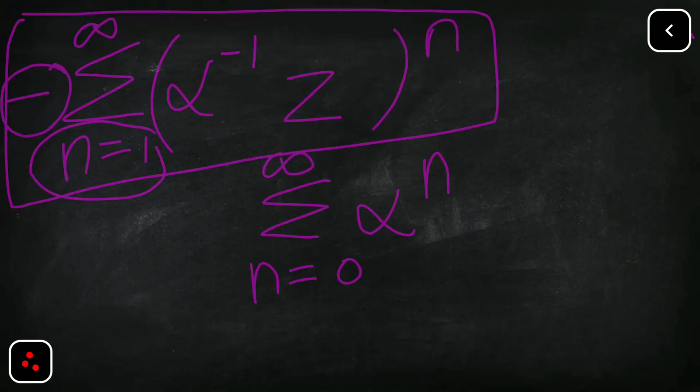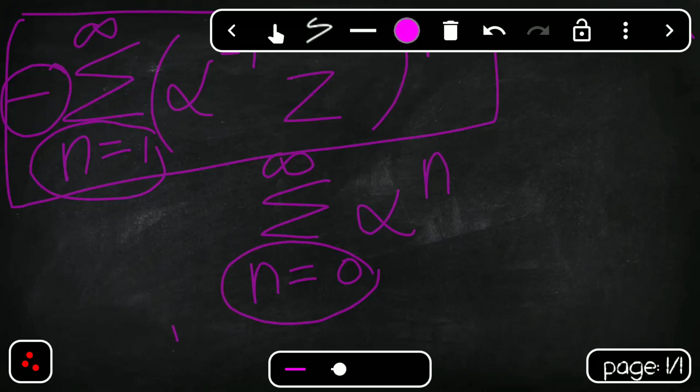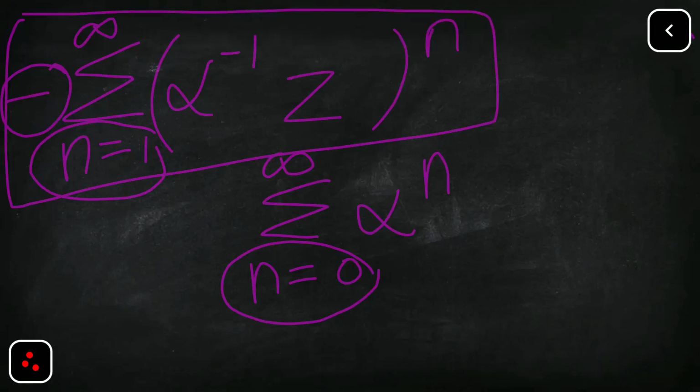When you take the formula, the summation of n equal to 0 to infinity of alpha to the power of n, which is equal to 1 by 1 minus alpha, that holds if the magnitude of alpha is less than 1.